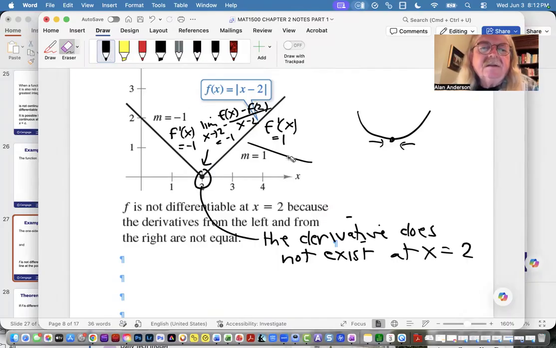And since they're different, that means the derivative does not exist at that point.